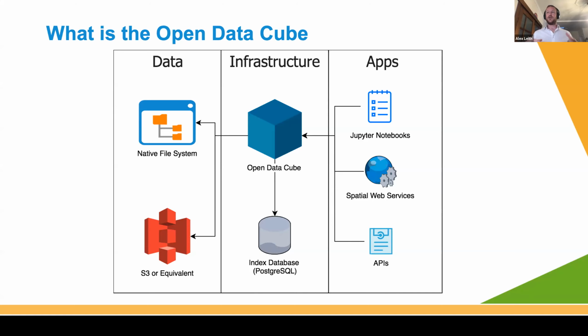Once you've got Open Data Cube installed and data indexed, you can use a Python application or a spatial web service or a web mapping visualization, which I'll demonstrate soon, to ask Open Data Cube what data is available for this spatial area and for this temporal group of time, and it will check in the database to find out where the data is and go and load it, load all the pixels and send them back to your application.